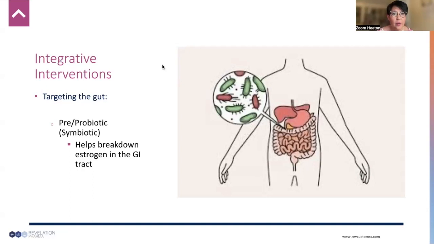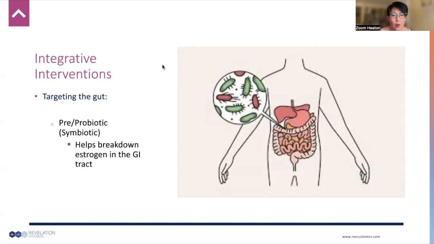People with endometriosis often have an imbalance of microorganisms, which probiotics and prebiotics may help correct. The evidence isn't conclusive, but studies suggest that those with endometriosis may have lower levels of certain strains of bacteria within the gut microbiome.